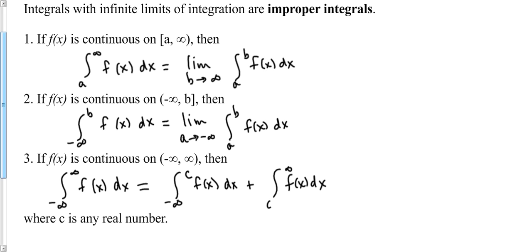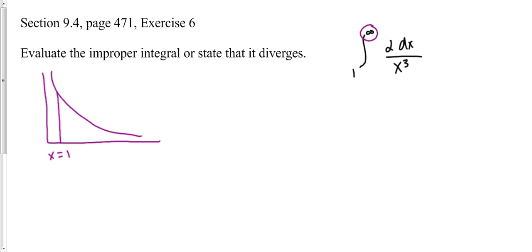And once we get to this point where we're adding those 2 integrals together, we go back and apply either 1 or 2, depending on which integral we're looking at. So let's go back to the problem that we are looking at, and we've got our integral from 1 to infinity of 2 dx over x cubed.